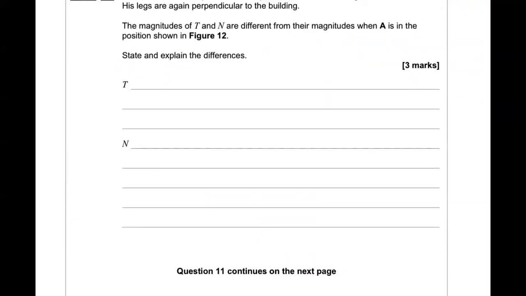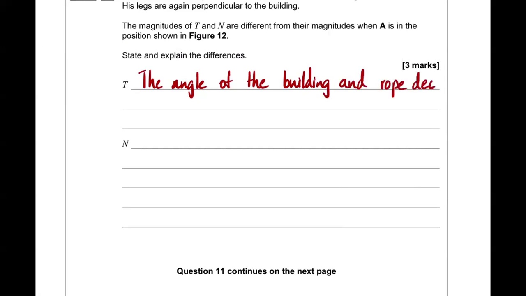So state and explain the differences. First of all, you said that the angle of the building and the rope, which is also the angle of the tension with the vertical, decreases, since T cos theta equals mg.